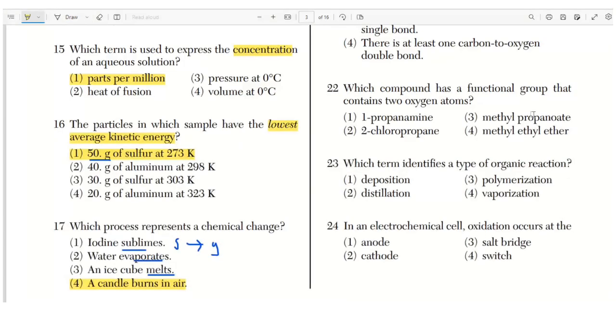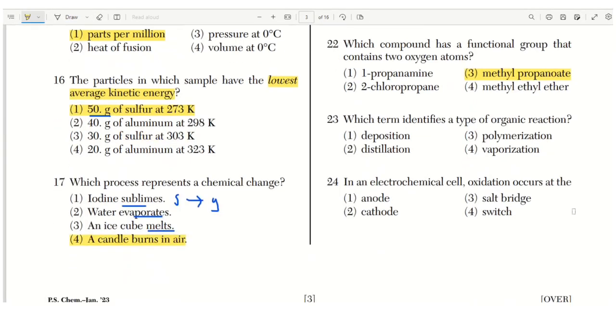So what are our options here? Right here, methylpropanoate. Which term identifies a type of organic reaction? Well, the types of organic reactions are represented by this, PS phases. So I'll just rattle them off. Polymerization, saponification, fermentation, addition, combustion, esterification, and substitution. So which one is one that I said? Polymerization.